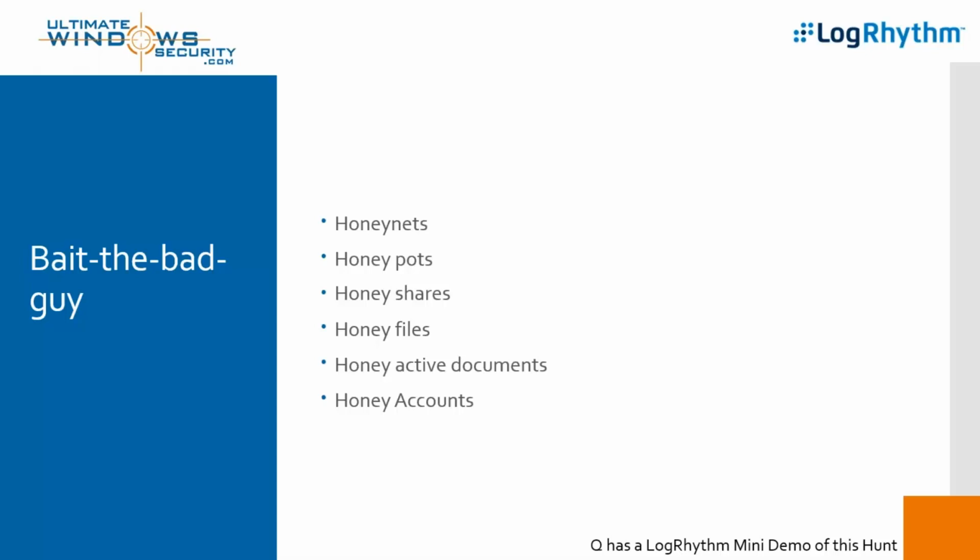Okay, but your comments also take us in some other directions. Instead of standing up entire networks or systems, why not a honey share or some honey files, which you could put anywhere? File shares are just one place where data is nowadays.